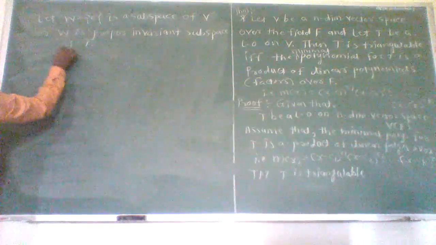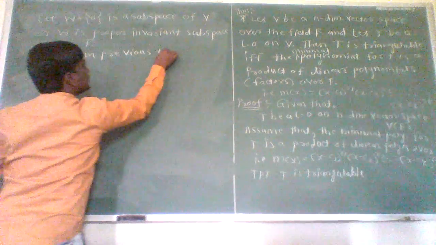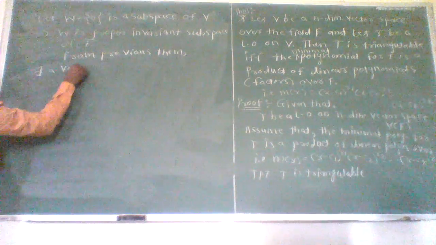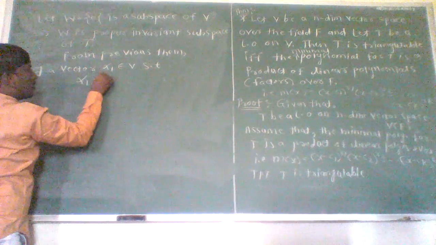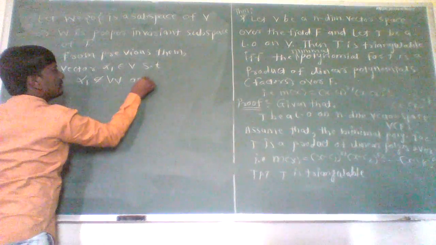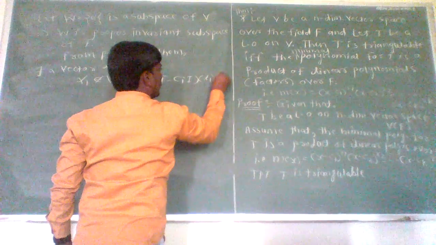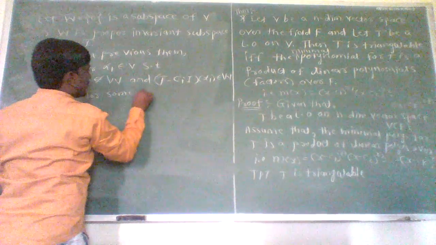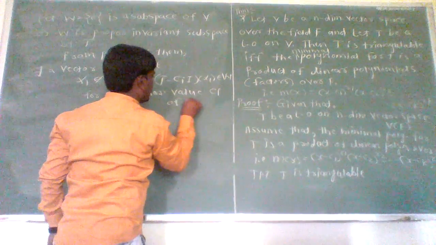Therefore from this we conclude that, by the previous theorem, that is the theorem in the last chapter, there exists a vector alpha 1 belonging to V such that alpha 1 does not belong to W and T minus Ci of alpha 1 belongs to W for some characteristic value Ci of the linear operator T.